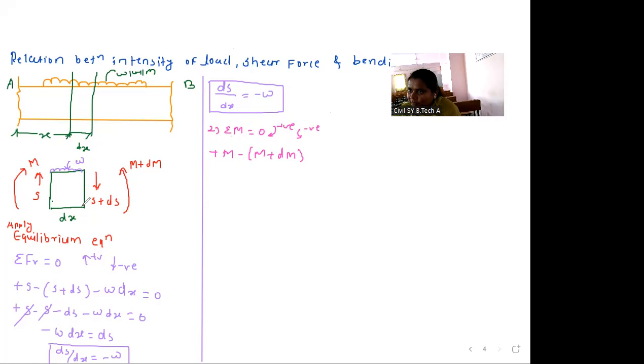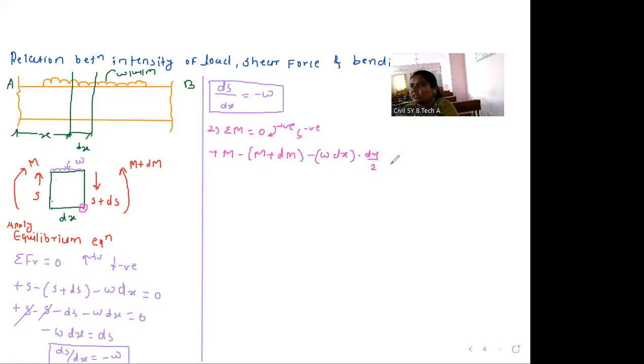After that, we will calculate the moment about this point. It again creates an anti-clockwise moment about this point. So minus w into, first we will convert dx, it will act at dx by 2. After that, we have to consider this S plus dS, but this S plus dS is after that, so we will consider only this.